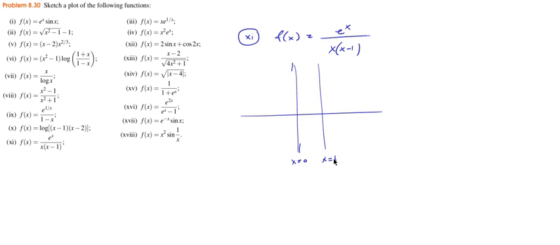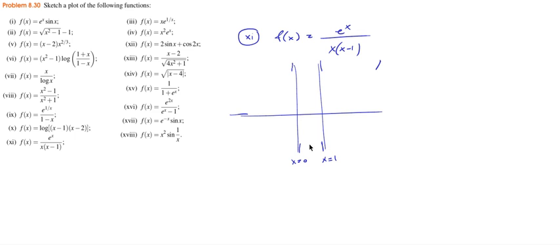Let's see, you go to 1 from the right, this is positive, but this is negative, so again negative, and this is positive, something like this. Okay, now the limit when x goes to infinity of f is going to be plus infinity, because this goes to infinity but much faster than this, and the limit when x goes to minus infinity is going to be 0, right? So we have a horizontal asymptote here.